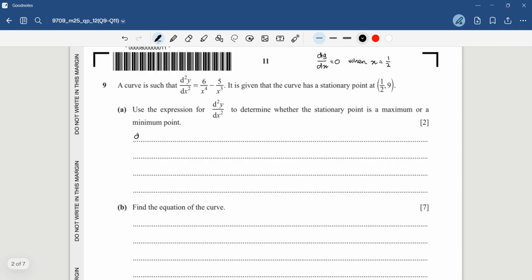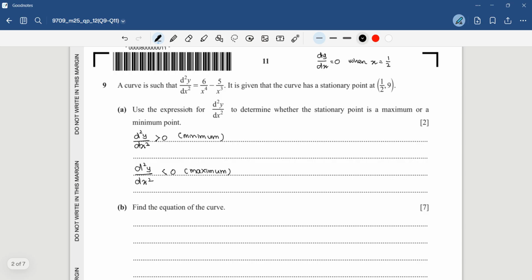If we get d²y/dx² more than 0, then it is a minimum, whereas if d²y/dx² is less than 0, then it is a maximum. So you must know this.